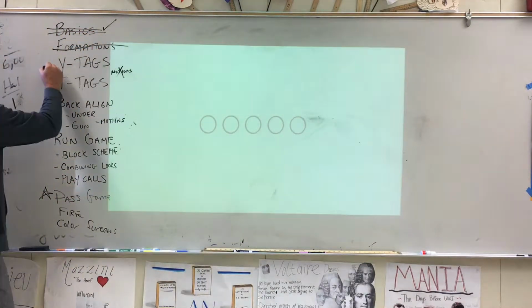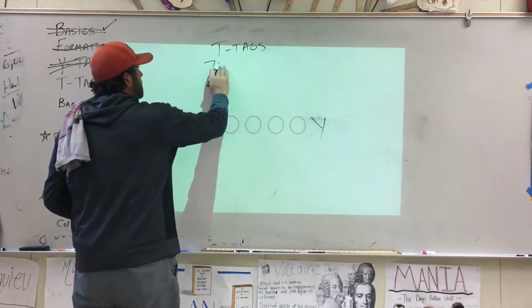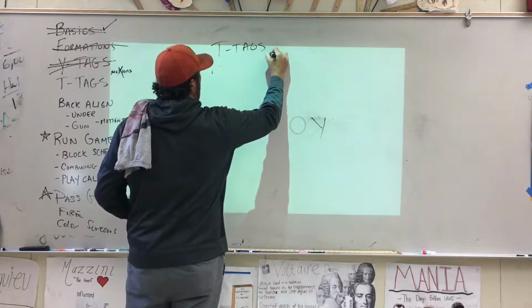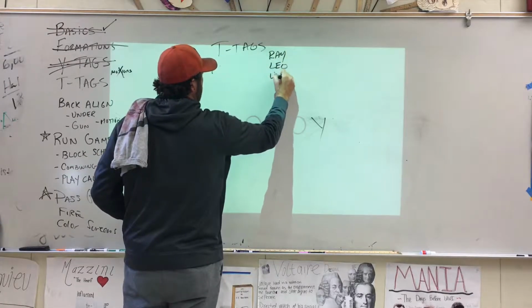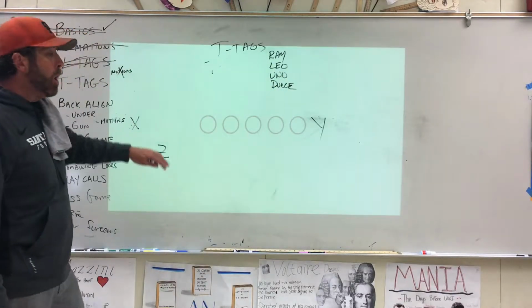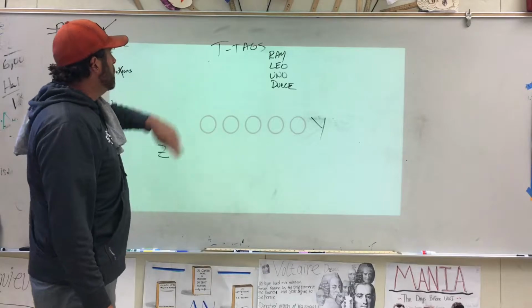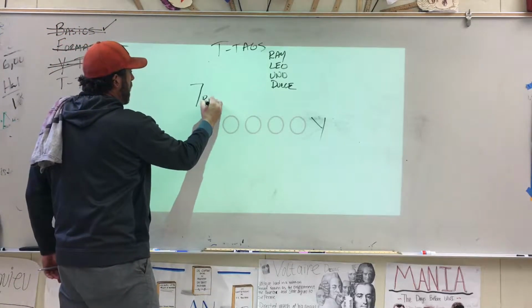Well, let's say we want to move the T around. Right? The T tags are Ray for right and Leo for left. And if we get a little more advanced, Uno and Deuce. Remember, these are not motions, these are alignment tags. Right? So let's say 7, Ray.